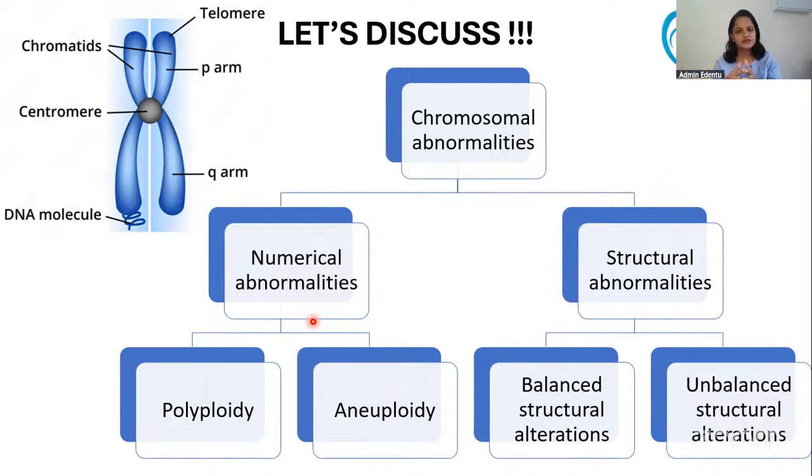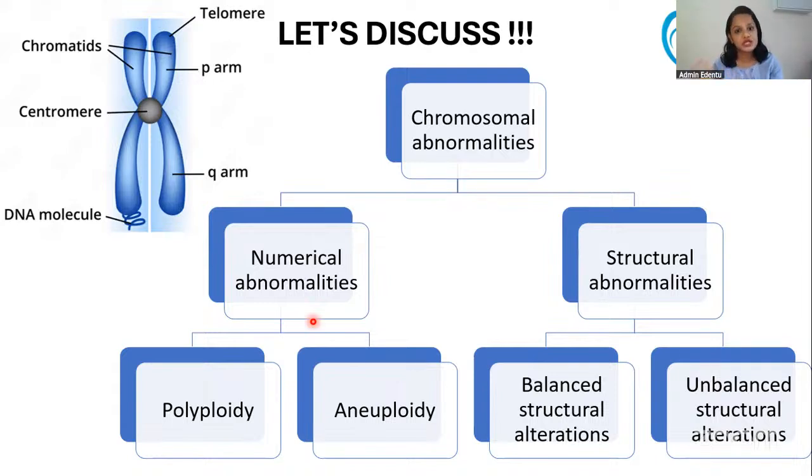In humans, with 23 as the haploid number, it will always be 3 times 23 or 4 times 23. Aneuploidy is not a multiple, like 2n minus 1 or 2n plus 1. Examples include Down syndrome, Klinefelter syndrome and Turner syndrome.